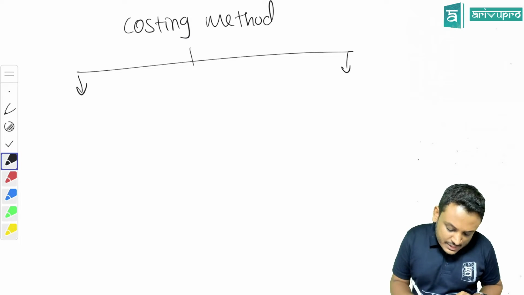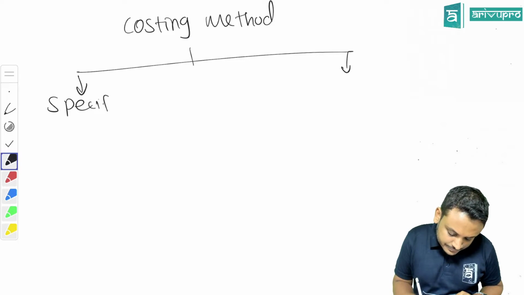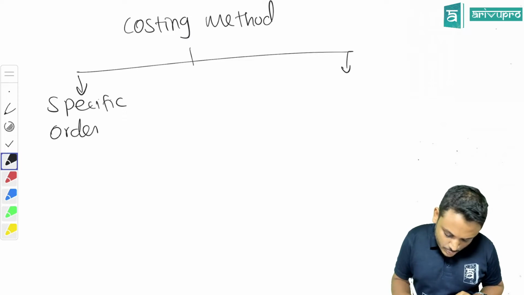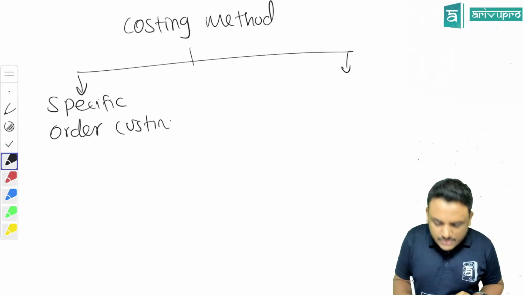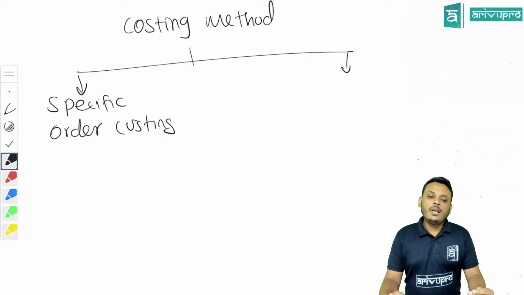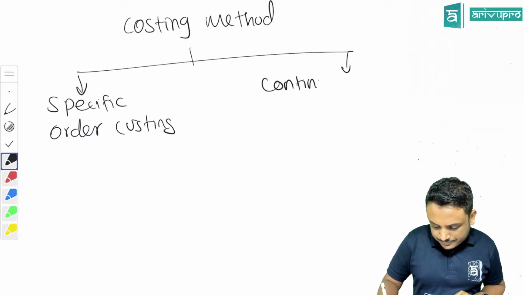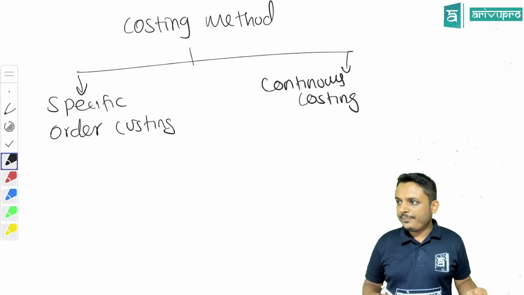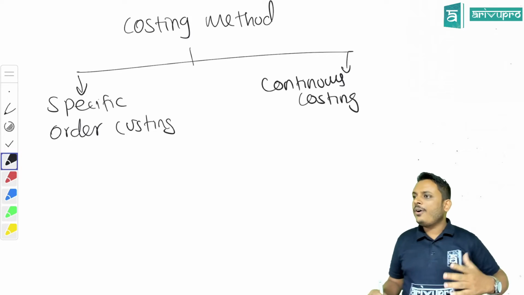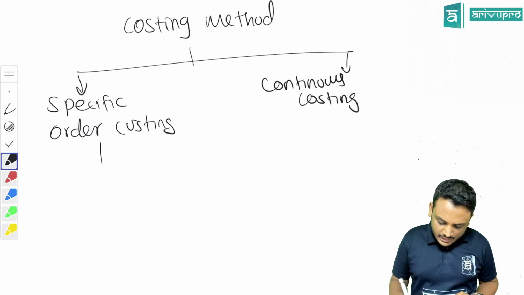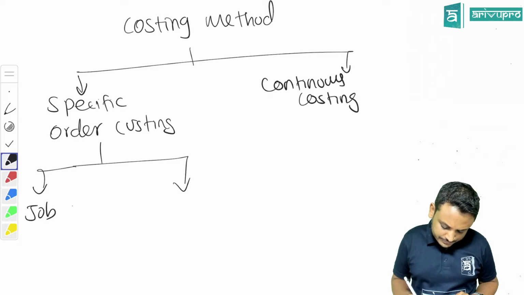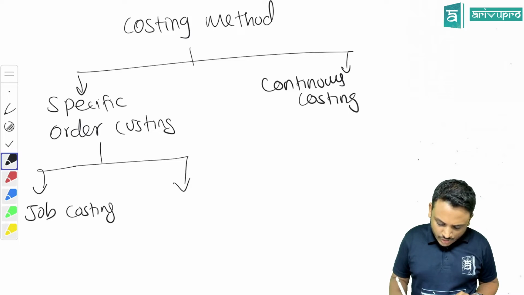One is specific order costing. This is one of the costing methods. Two is continuous costing. Specific order costing is further divided into two: job costing and batch costing.